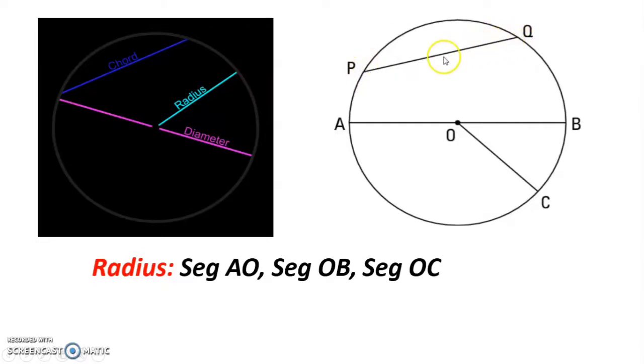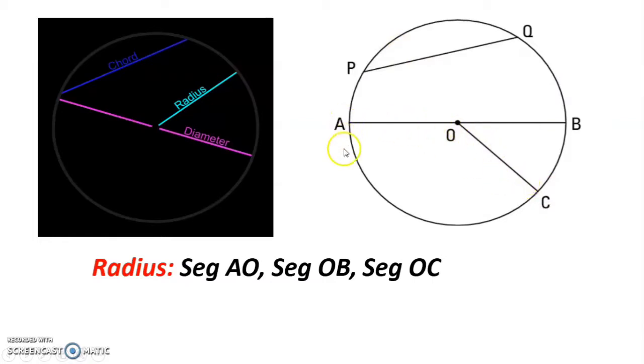This is segment PQ, which is the first chord, and the second is AB, which is joining two points on the circle. Now OC cannot be a chord because one end is on the circle but the other is not. So it's only a half part, and this cannot be a chord.